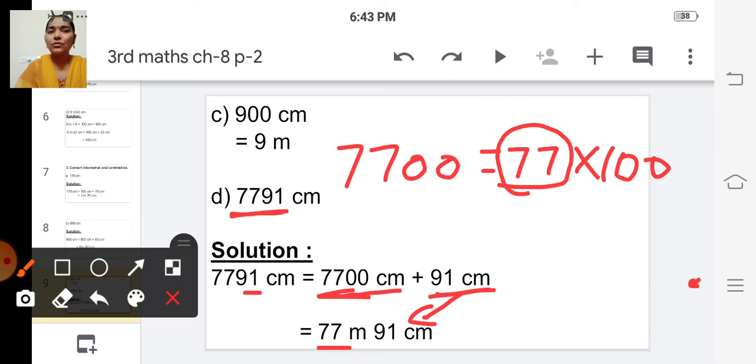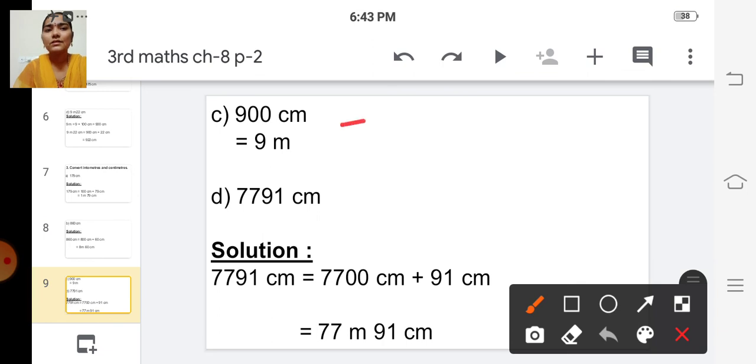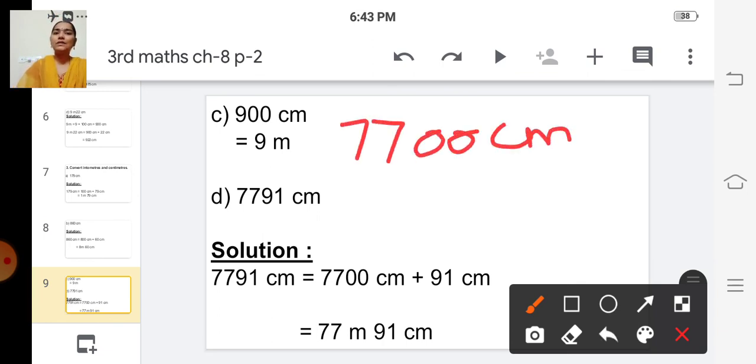Or you can write like that, 7700 centimeter. So to convert centimeter into meter, what we have to do? We have to divide it by 100, right?